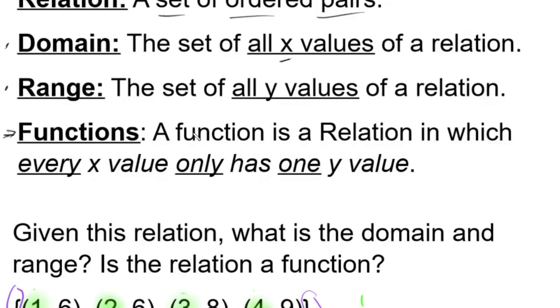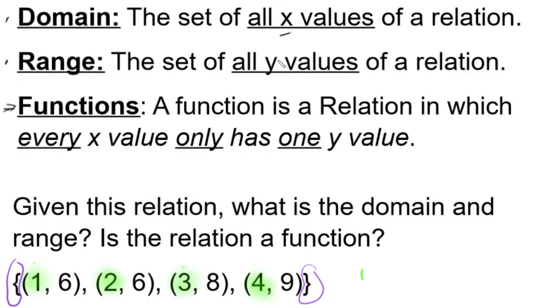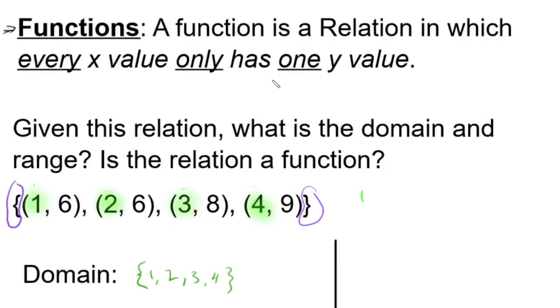So that's the domain, the set of all x values of a relation. Now this definition is only in regards to a relation. We'll get to what it means for an actual function here in just a minute. And then the range, all the y values of a relation. So that would look like, you've got your 6, your 8, and your 9. You won't list 6 twice, you just need it once. So your range is 6, 8, and 9.